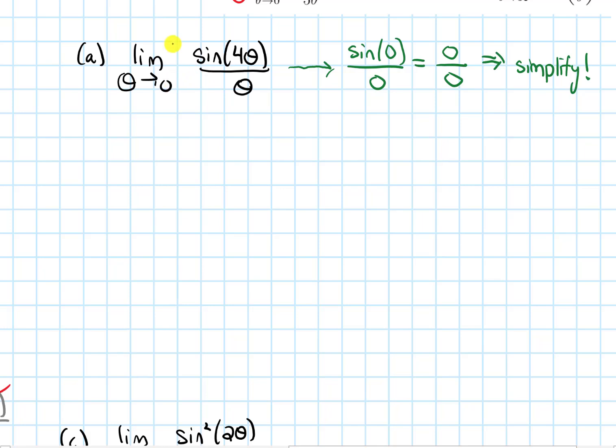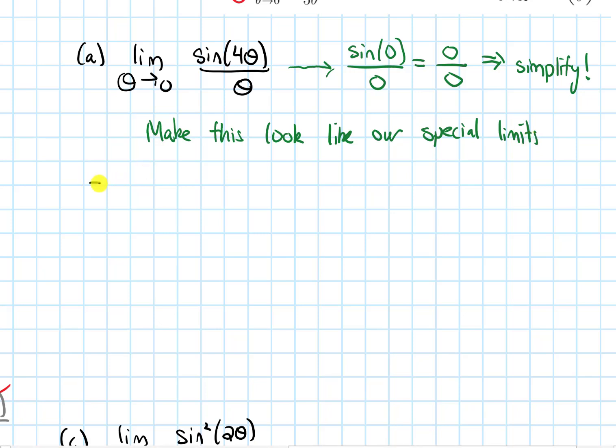Okay, so I'm going to try to get this to look more like our special limits. So that's going to be our strategy. We're going to make this look like our special limits.